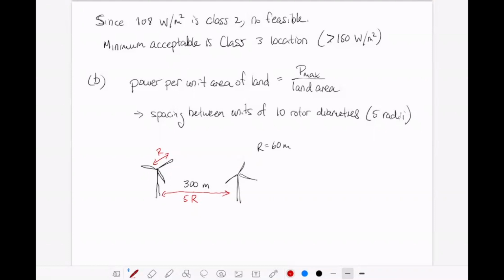So the area covered by each unit, if we imagine that this is a perimeter, and we're making sure that no other unit comes within 5 times the radius of the blade, and the total swept land area per turbine would be equal to pi times 300 squared.